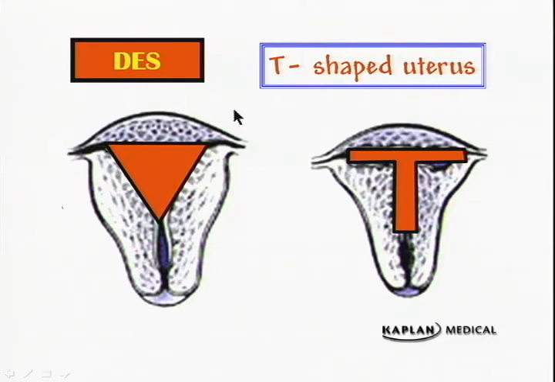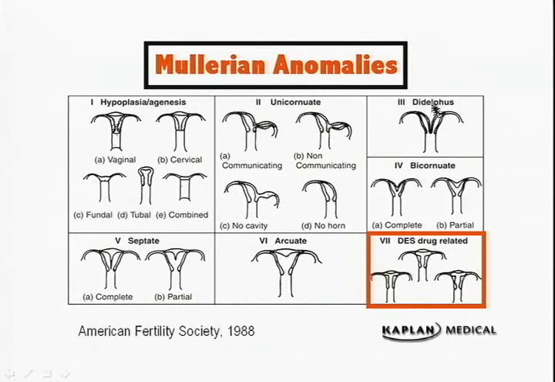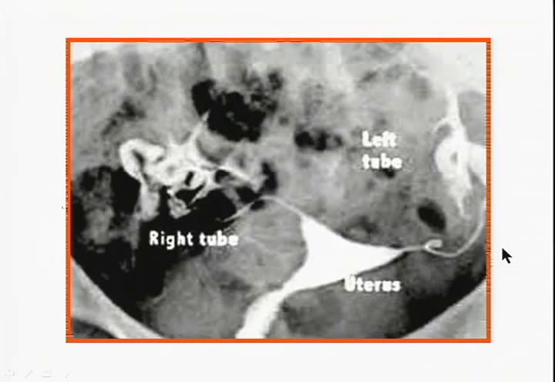There's also adenosis, which is columnar epithelium, on the exocervix and on the vagina. The Müllerian anomalies, which you see with DES, are significant enough that the American Fertility Society has given a separate category for DES-related Müllerian anomalies.